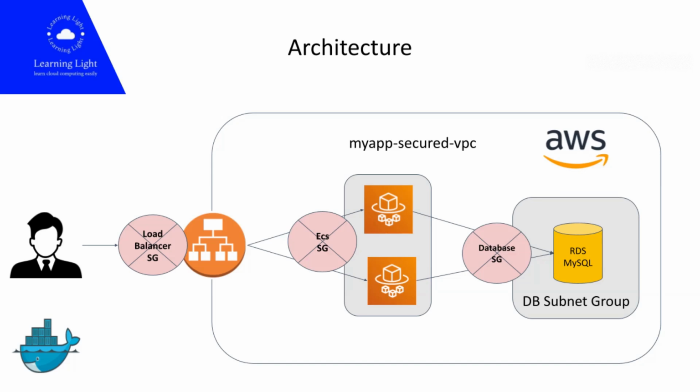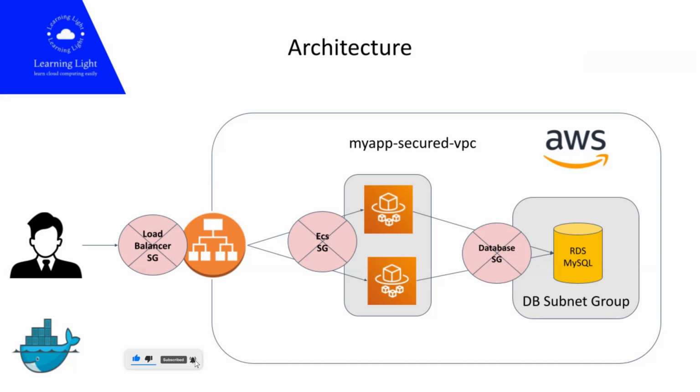So thank you for watching this video, friends. In this video, we saw how we can spin up containers in AWS ECS. This is a container orchestration service provided by AWS. We ran our services on the Fargate type of ECS.